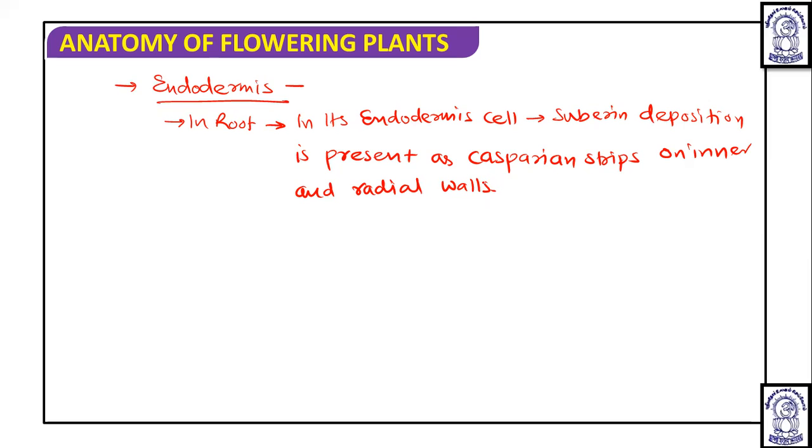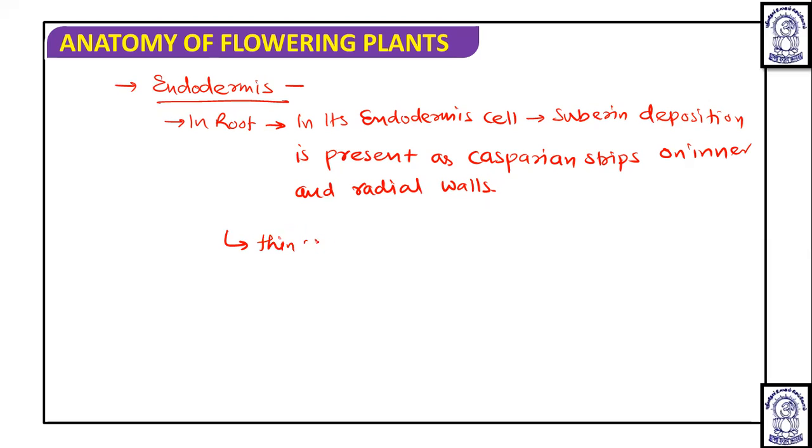Whereas in roots, these thick-walled, suberin-deposited root endodermis cells with the Casparian strips are interrupted by thin-walled cells.